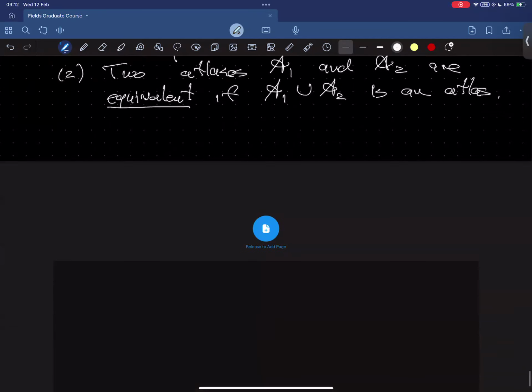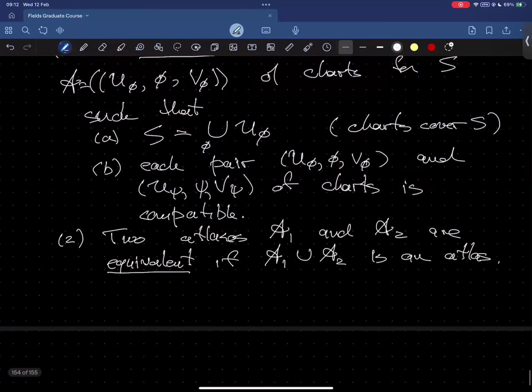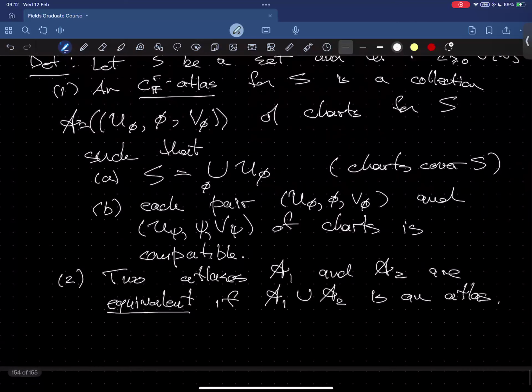So what does that mean? To be an atlas, two conditions have to be satisfied. The first is that the collection of charts has to cover S. Each of A1 and A2 always covers, so their union will certainly cover S. So really, the condition here is part B.